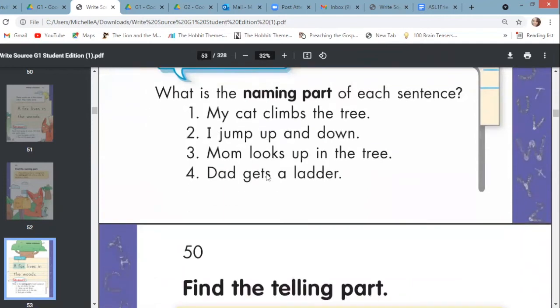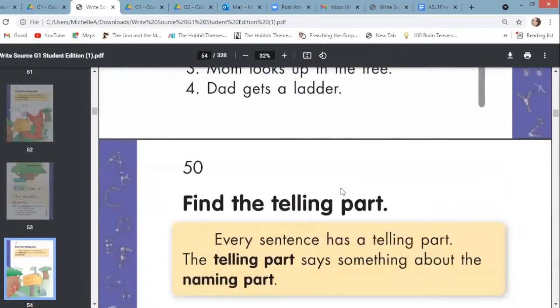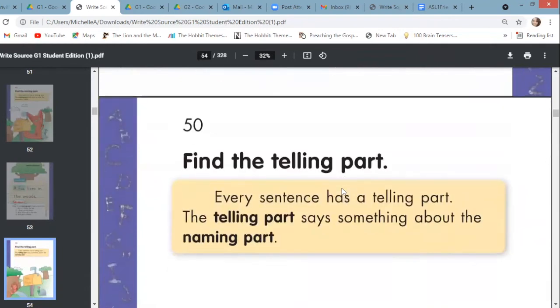Okay? And which one are you asking? Number 2. How about number 3? Try number 3. Mom looks up in the tree. Mom. That's right. Dad gets a ladder. Dad. That's correct. Very good.